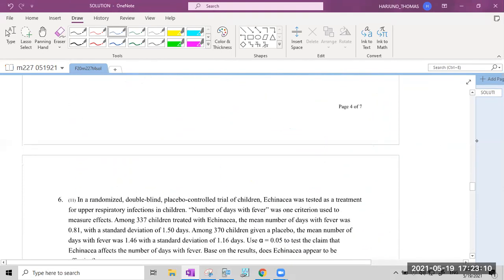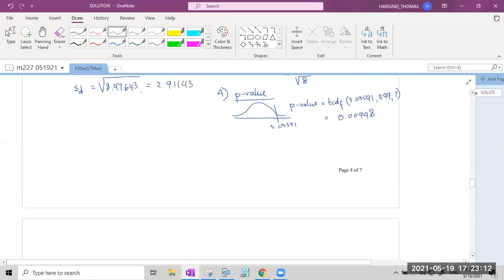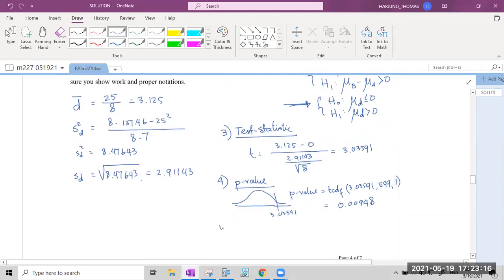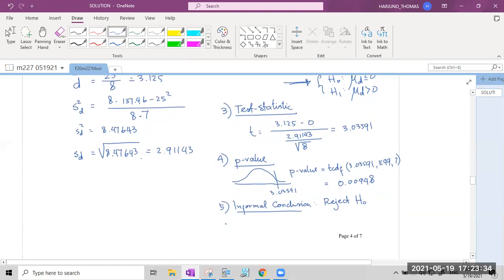So let me do it here. Step 5, informal conclusion. Reject null hypothesis. Okay, conclusion.